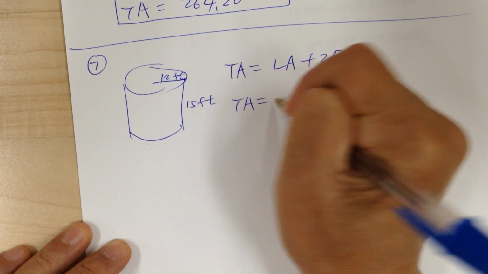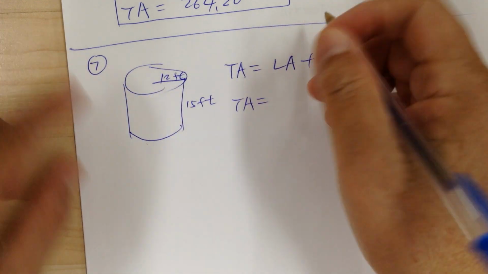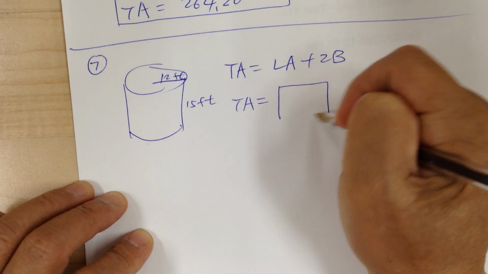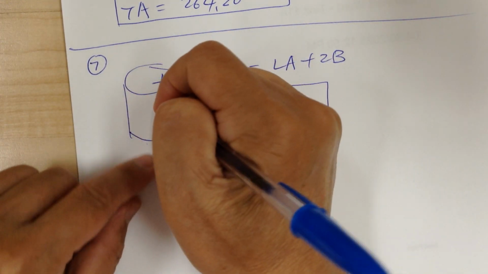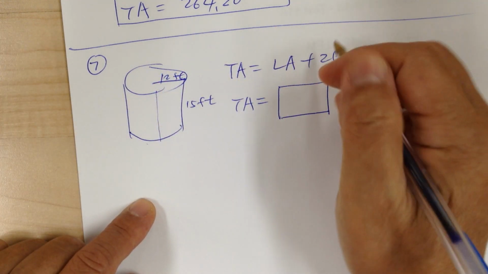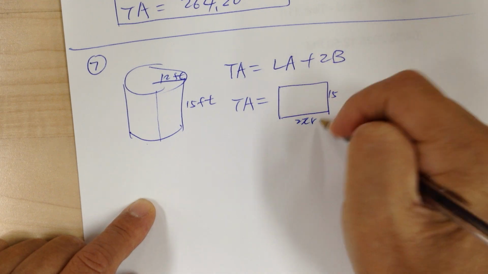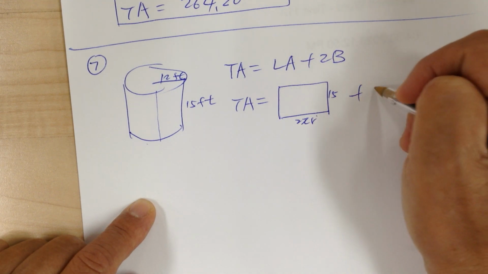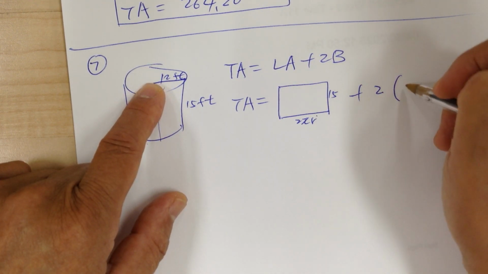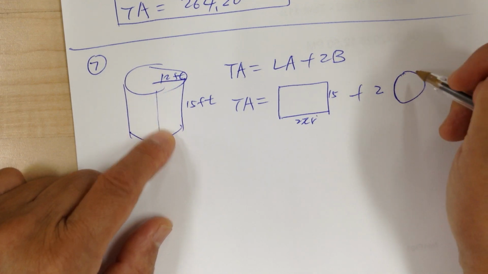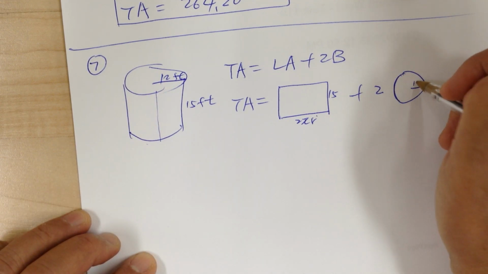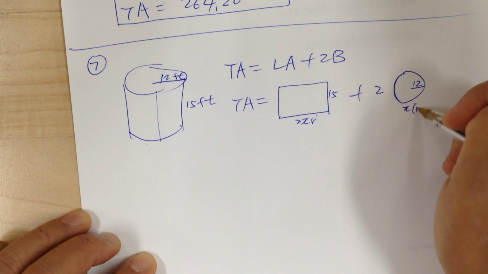Now lateral area, you have to open it up. So when you open it up, if you cut over here and open it up, this would be the 2 pi r, and this would be the 15. And plus the 2 base areas would be 2 circles, right? So this would be pi r squared.